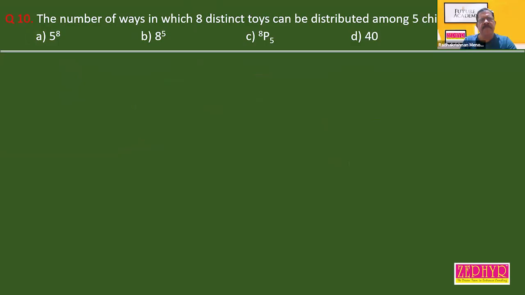The number of ways in which 8 distinct toys can be distributed among 5 children. Who can give me the answer?